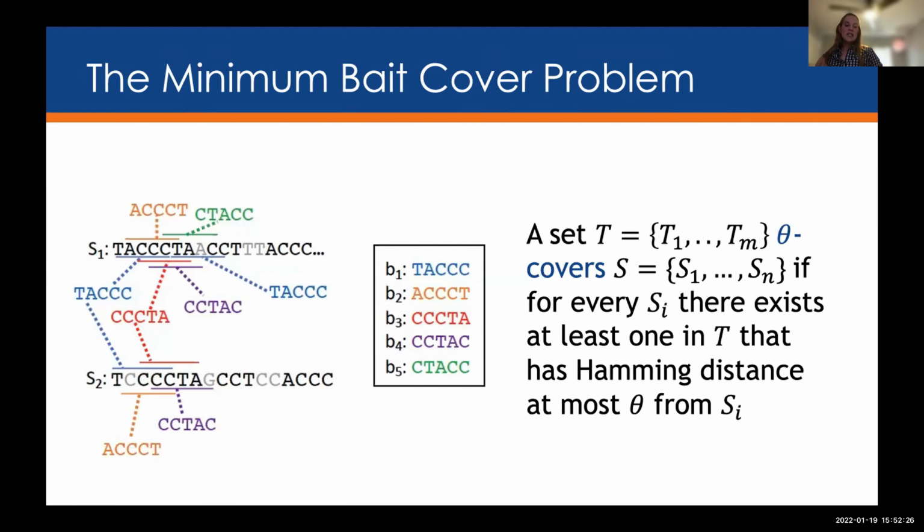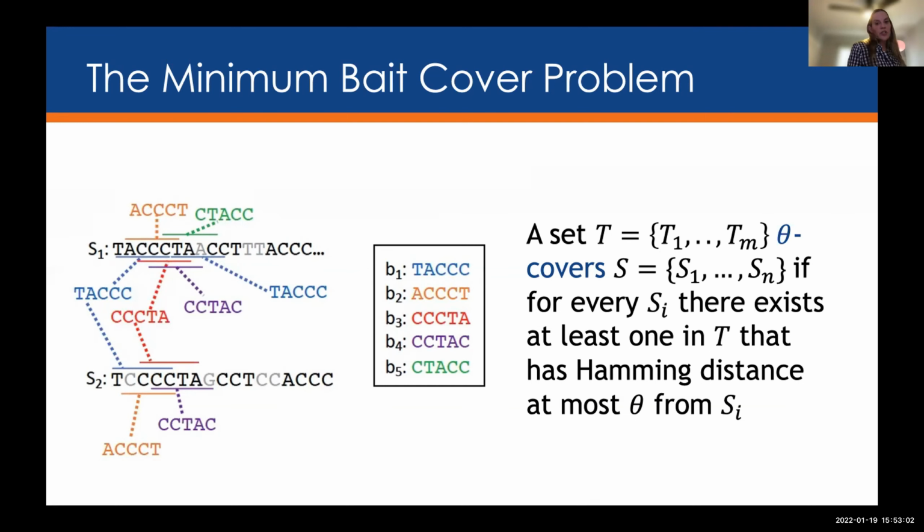And we say that T theta-covers a set S. S is going to be another set of strings, representing our database of genomes. We say that T theta-covers S if for every subsequence of length L within our database, there exists at least one sequence in T that has Hamming distance at most theta from it.